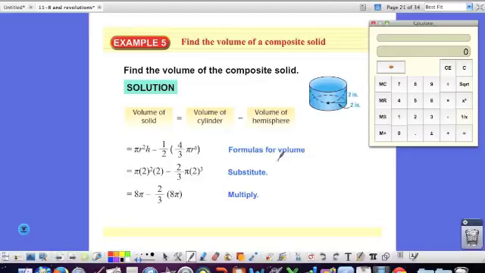Now comes a lot of fun. Find the volume of the composite solid. The volume of the solid equals the volume of the cylinder minus the volume of the hemisphere. So basically it's hard to see in this picture, they've basically scooped all of this out. Okay, you're going to find that this work takes you all through it. I really think you should be able to do these problems by now.